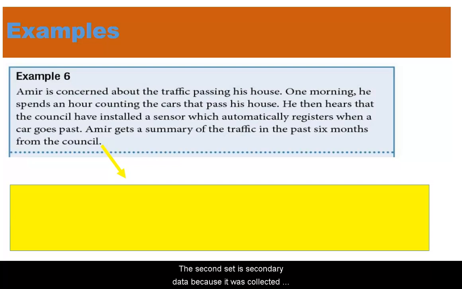The second set is secondary data because it was collected by someone else, the council, in a digital logging process.